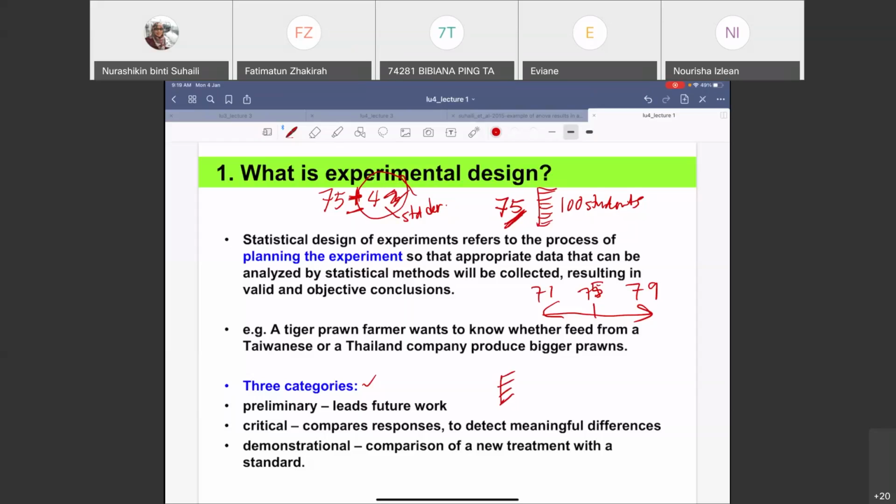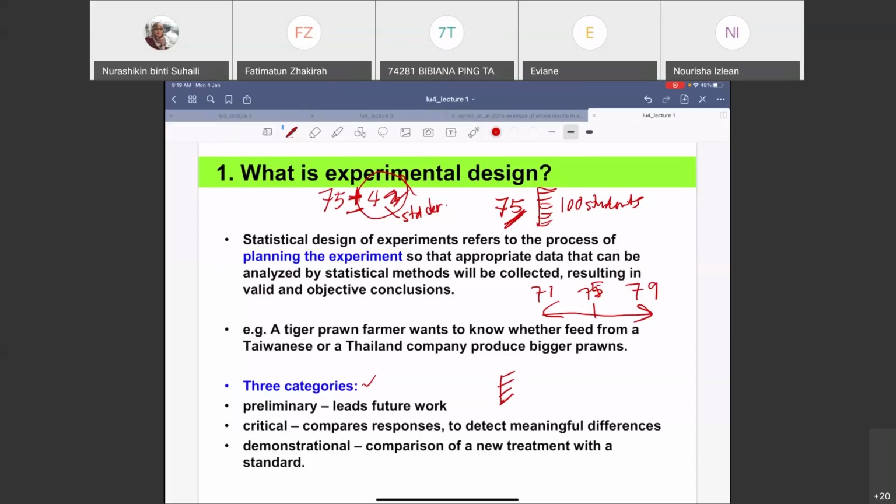For example, I give you a very easy example. I want to measure the height of the students. So the parameter is height. The response is the output, like the height in centimeters, for example.